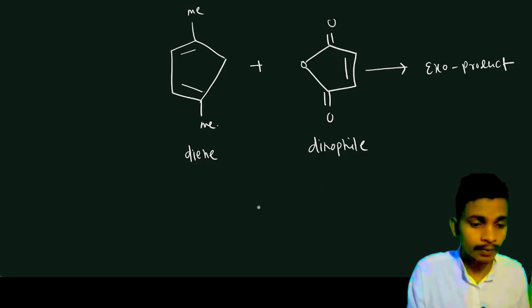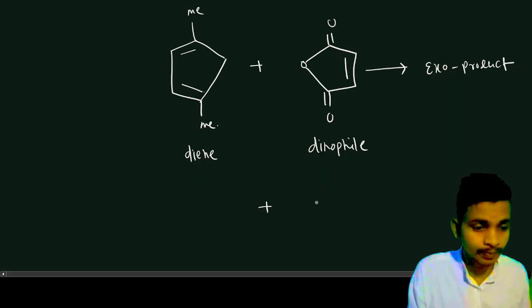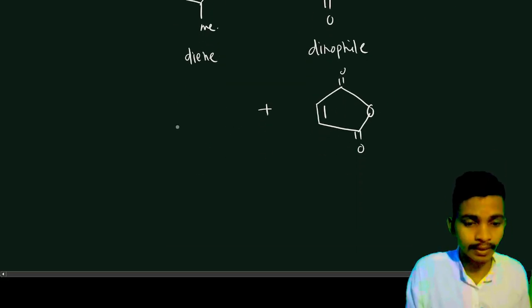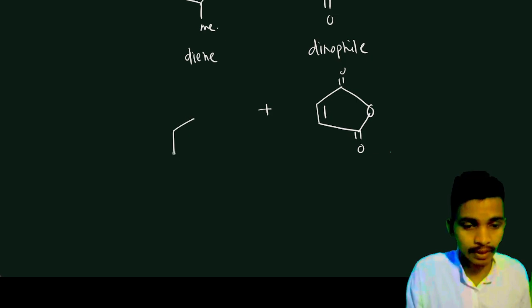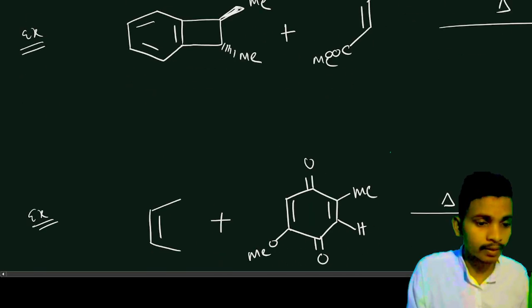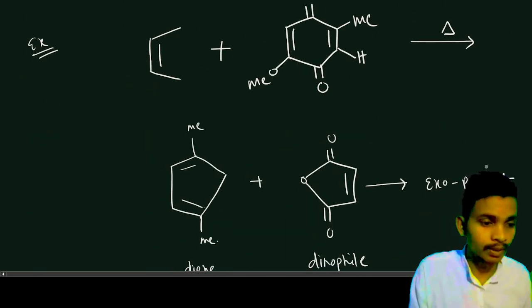Now if the dienophile is in this direction, and here we have this double bond, then the diene will remain as it is. Then what will form here?